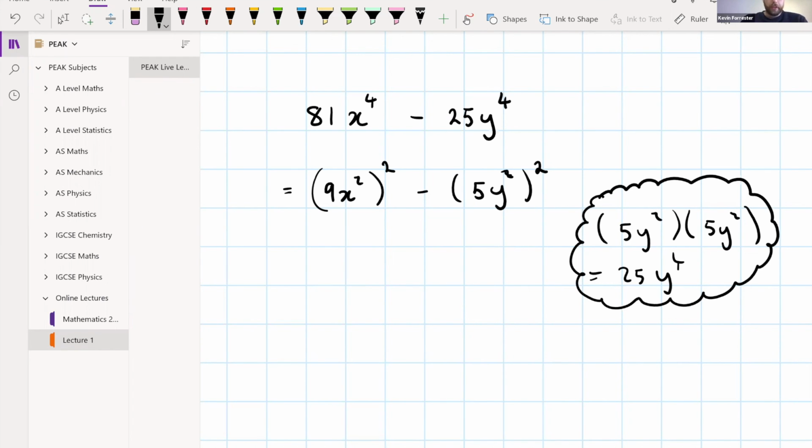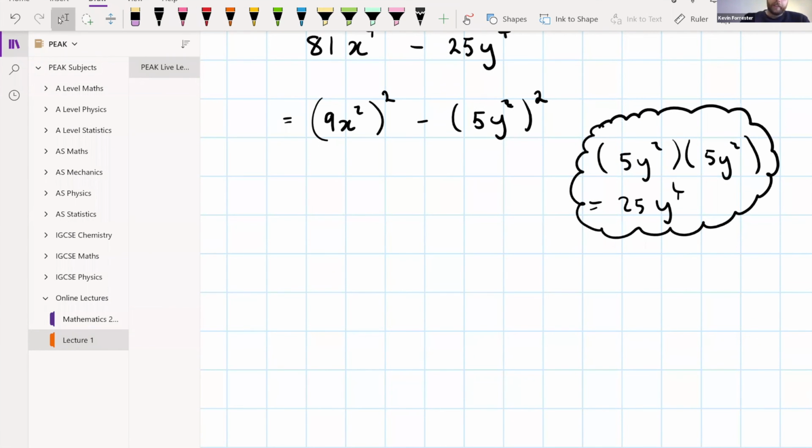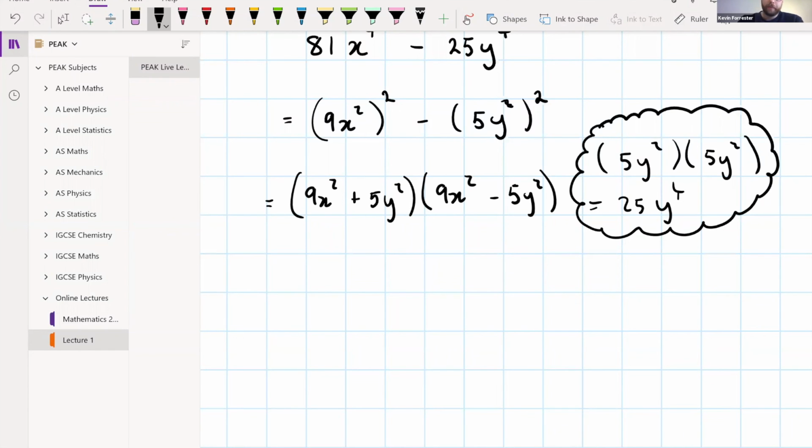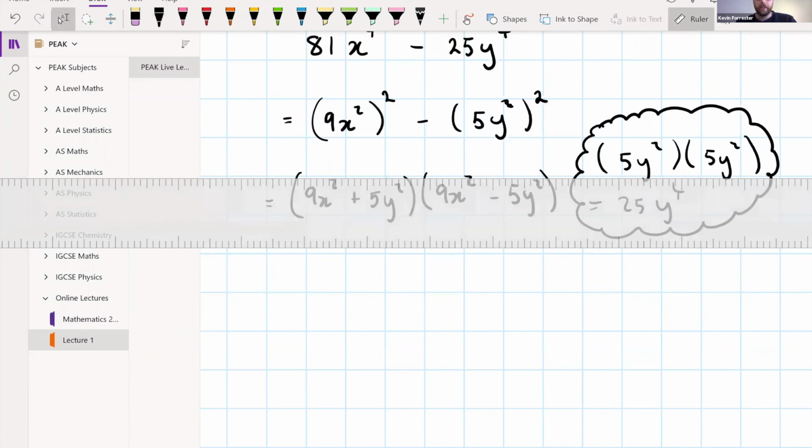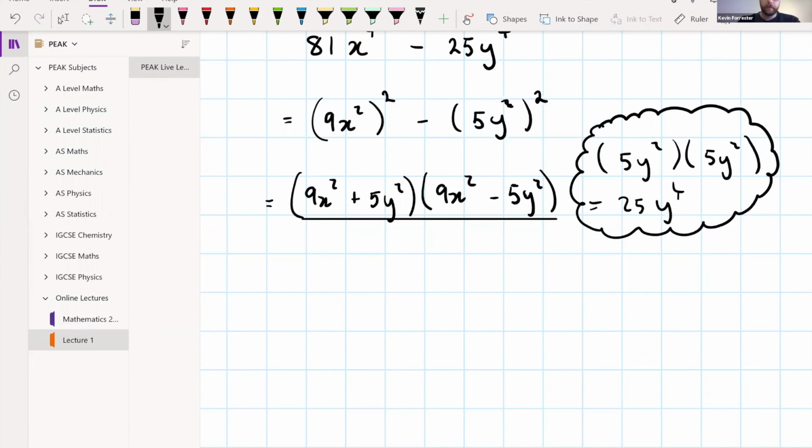Now we have to do the difference of 2 squares rule. So that means we're going to have 2 brackets. The first term is going to be 9x squared plus 5y squared. And then in the other bracket, we have the exact same thing, except we have a subtraction. So it's going to be 9x squared minus 5y squared. And there we have successfully done the difference of 2 squares to factorize these 2 terms.